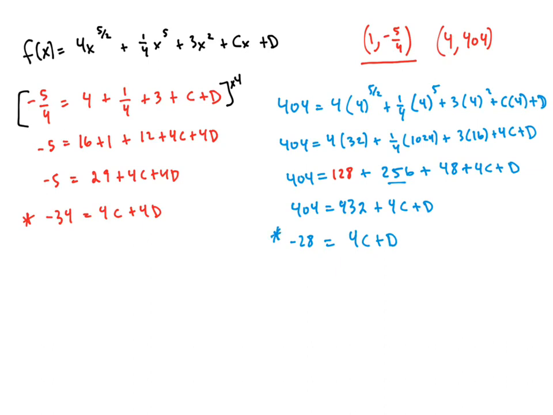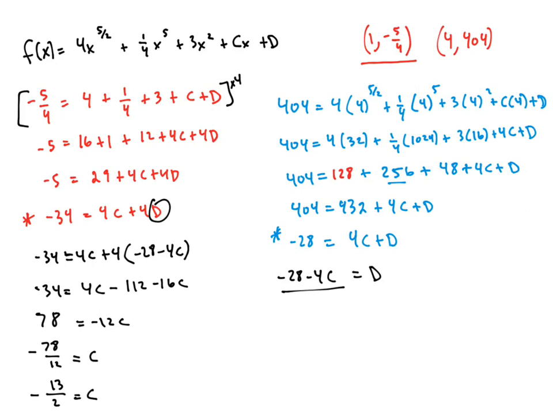So I have 2 equations, 2 unknowns. This is just a pretty straightforward system. So I'm just going to have to solve for both c and d. So in the second equation, I can get d all by itself pretty easily. And then I'll substitute that in right here for d. So negative 34 is equal to 4c plus 4 times negative 28 minus 4c.